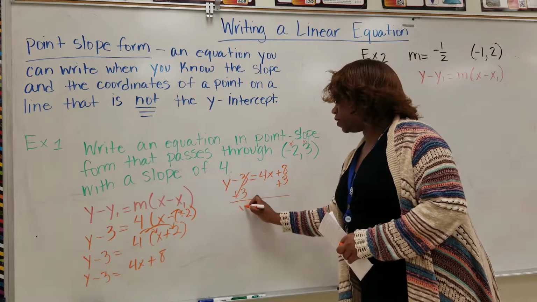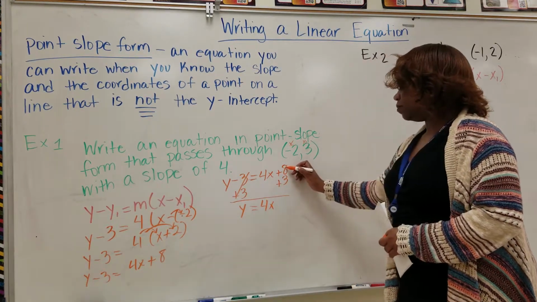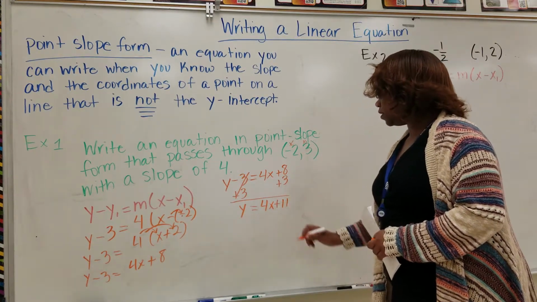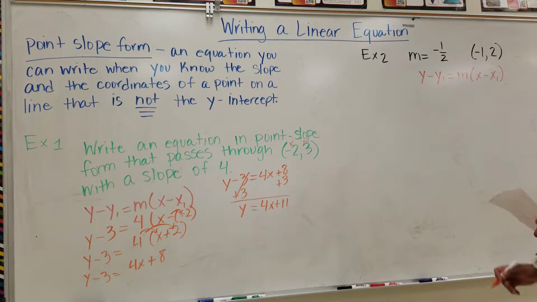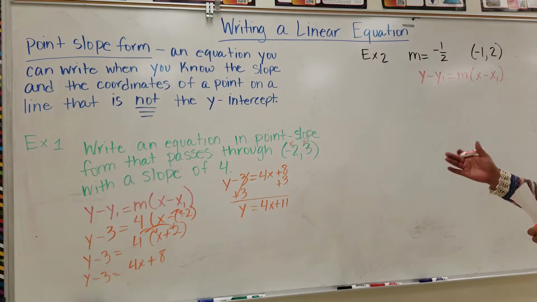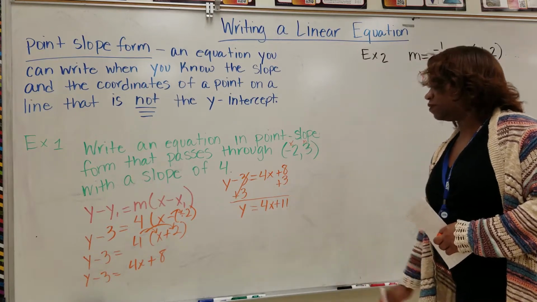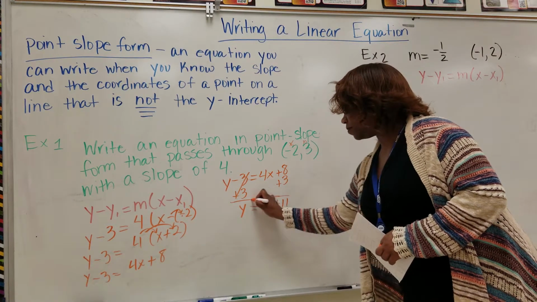These cancel out, we're left with y equals 4x, and 8 plus 3, 8, 9, 10, 11, plus 11. So here, we have now an equation in point slope form. y equals 4x plus 11. And that is our answer.